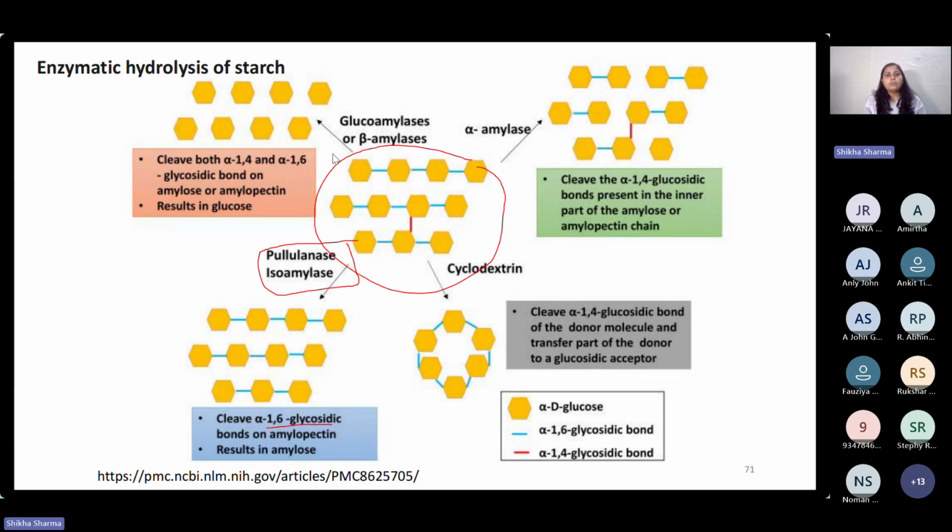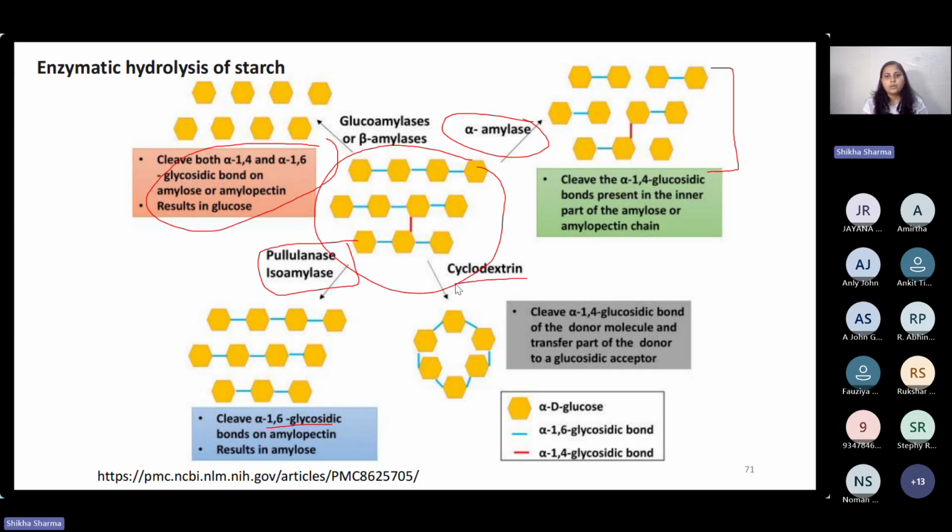If glucoamylase or beta amylase is there, it will cleave both alpha 1,4 and alpha 1,6 glycosidic bonds, and we can get glucose. If alpha amylase is the enzyme, it cleaves the alpha 1,4 glycosidic bond of both amylopectin and amylose.